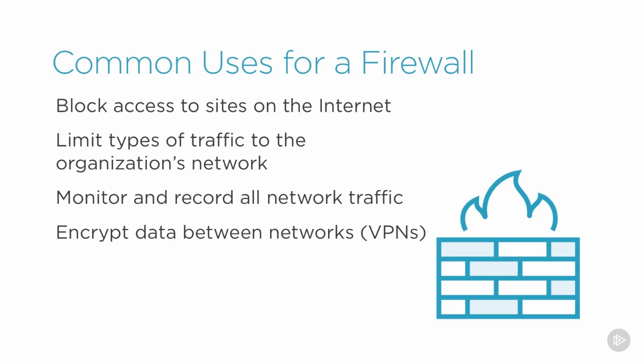If I'm going to set up traffic between two different networks, I can encrypt that data, for example, using a virtual private network. And the firewall itself becomes those endpoints, where the traffic that's going out gets encrypted at the firewall and decrypted at the far end. This is often done with, for example, an IPsec VPN.